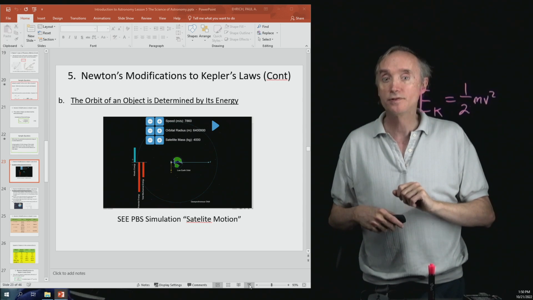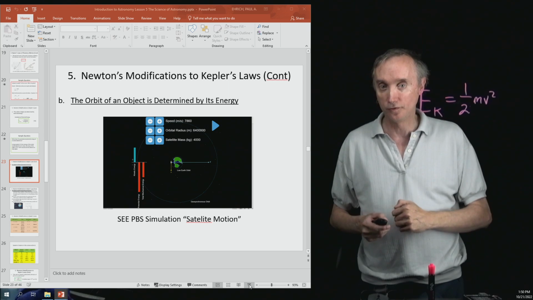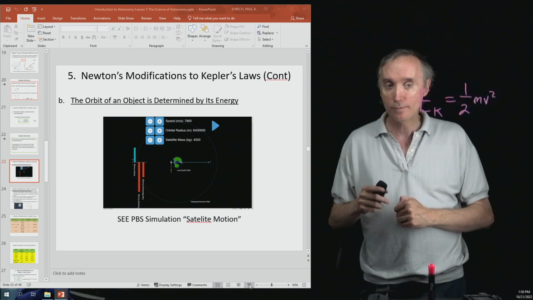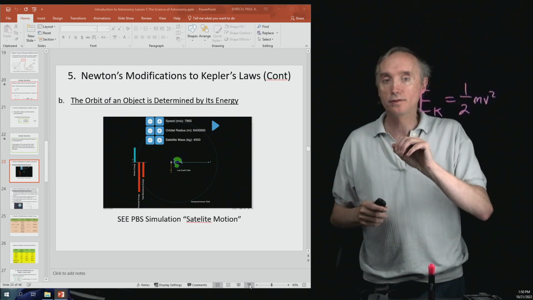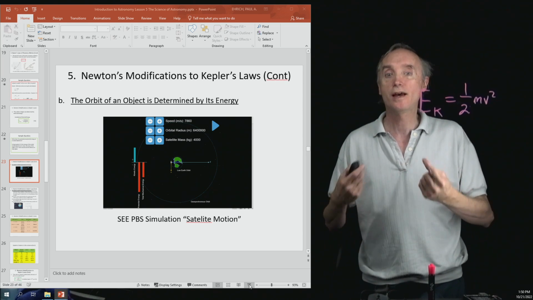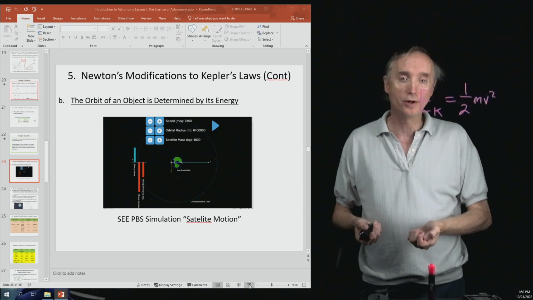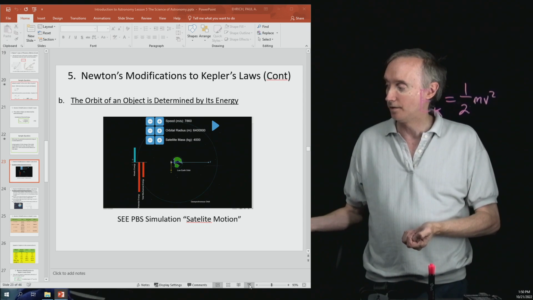Then the total energy becomes a positive number instead of a negative number. And then what happens to the orbit? You'll notice that it doesn't come back. It escapes. What speed do you think you have to be going at before it escapes? The escape speed. Okay, let's go to our next slide here.